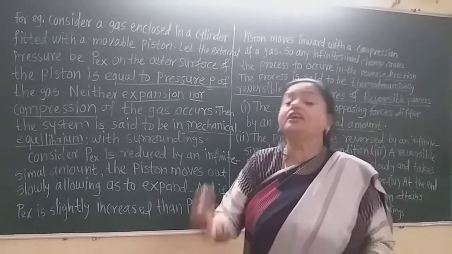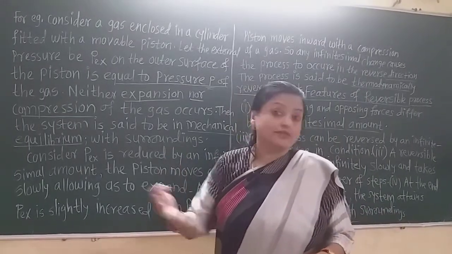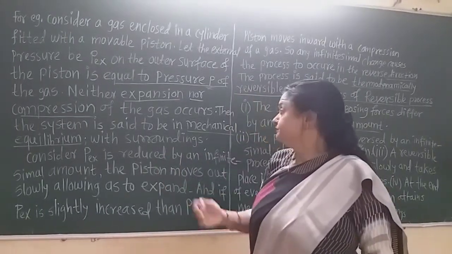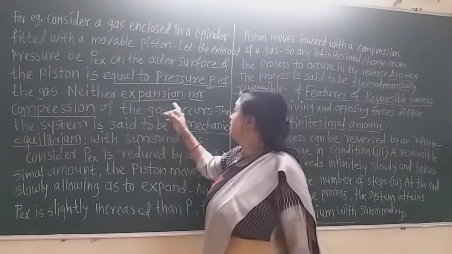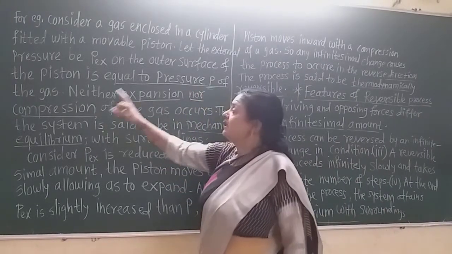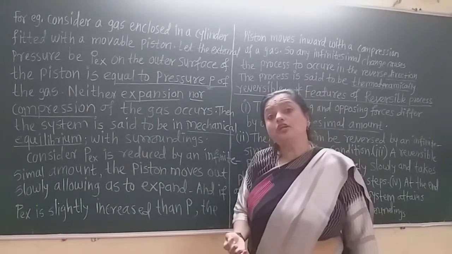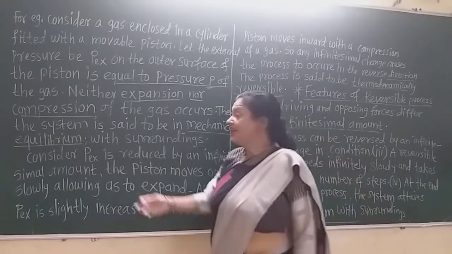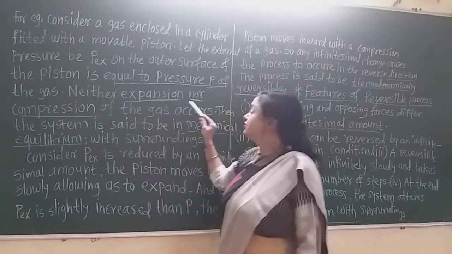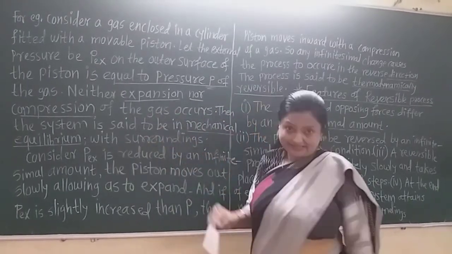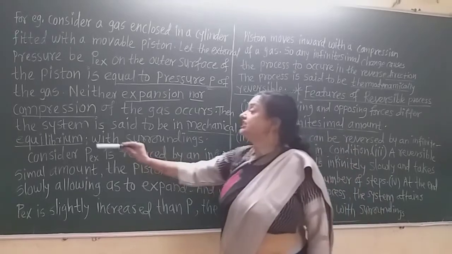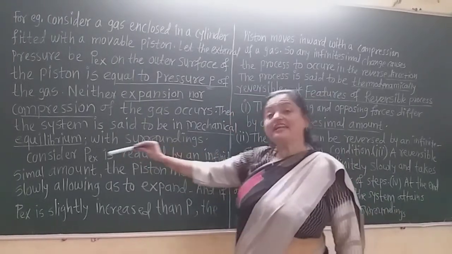That is, Pex is equal to the pressure of the gas P. Therefore neither expansion nor compression of the gas occurs. Then the system is said to be in mechanical equilibrium.